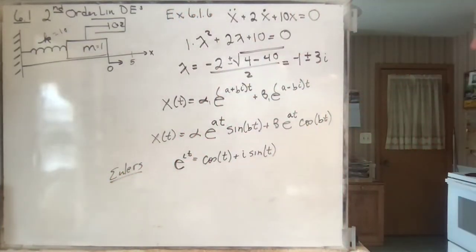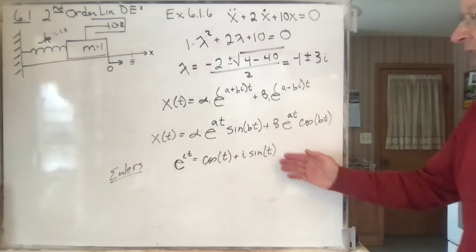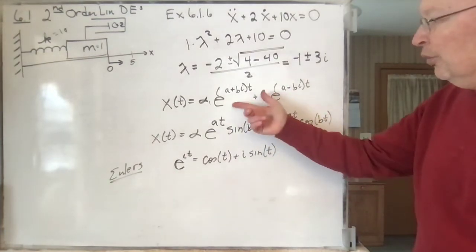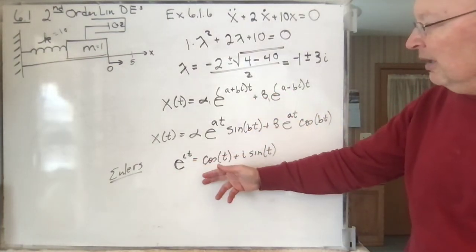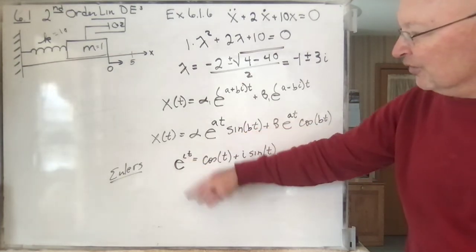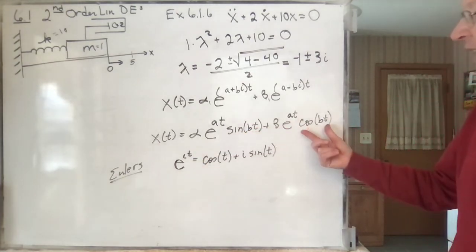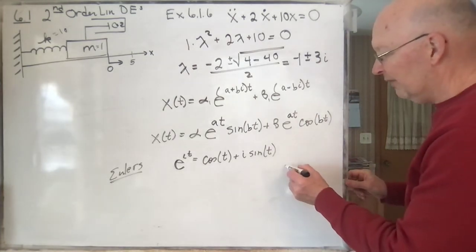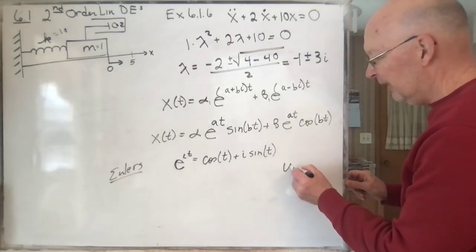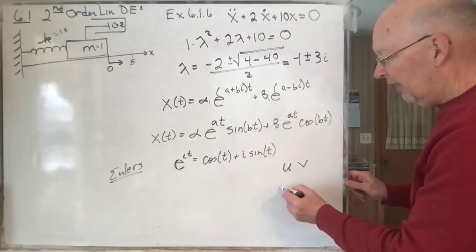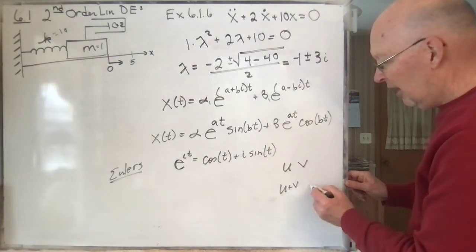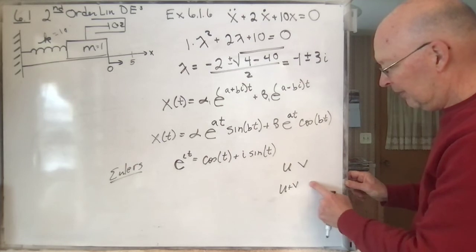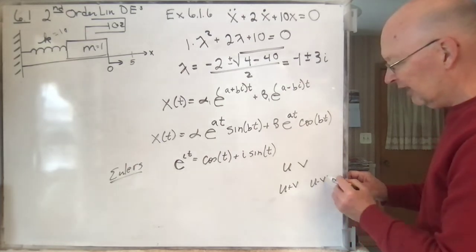Because of that, you can take these two things and add them together and end up with one, and subtract them from each other and get the other one. We learned back in the linear algebra section that if you have two linearly independent vectors u and v, then if you add them together and subtract them, you end up with two linearly independent vectors.